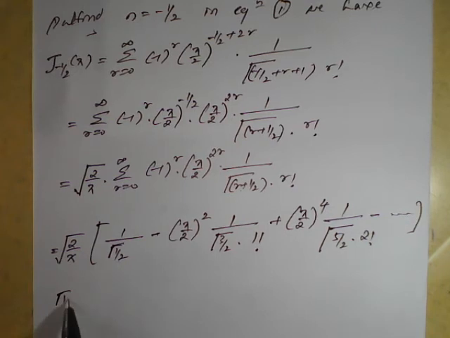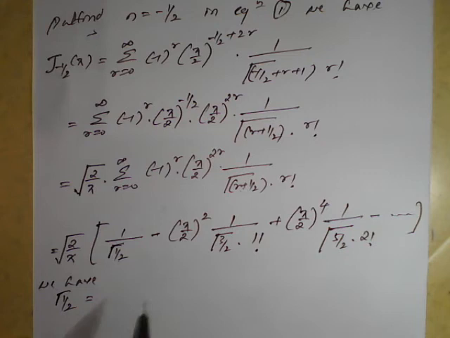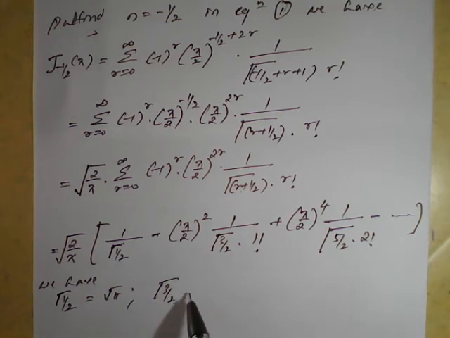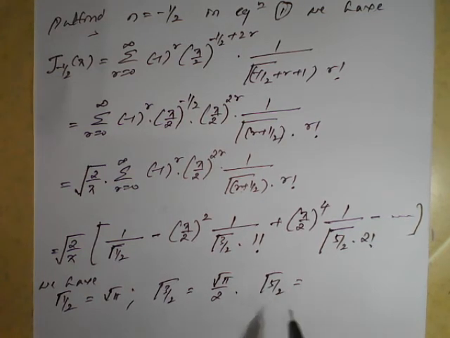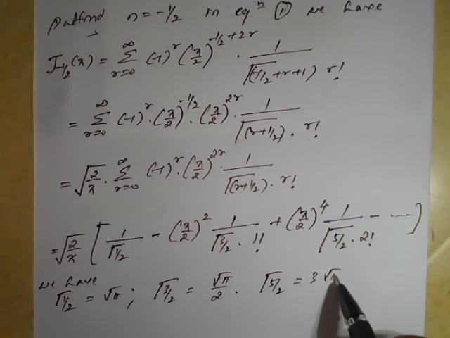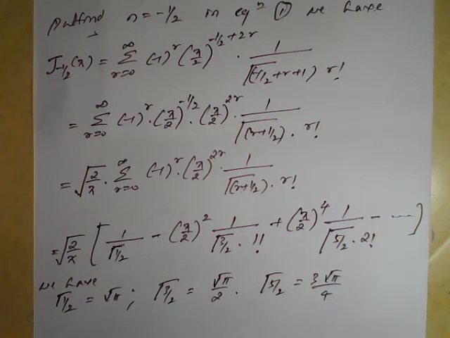Gamma of 1 by 2 is nothing but square root of pi. Gamma of 3 by 2 is root pi upon 2. Gamma of 5 by 2 is equal to 3 root pi upon 4, and so on. So we'll apply these values in the above expression.